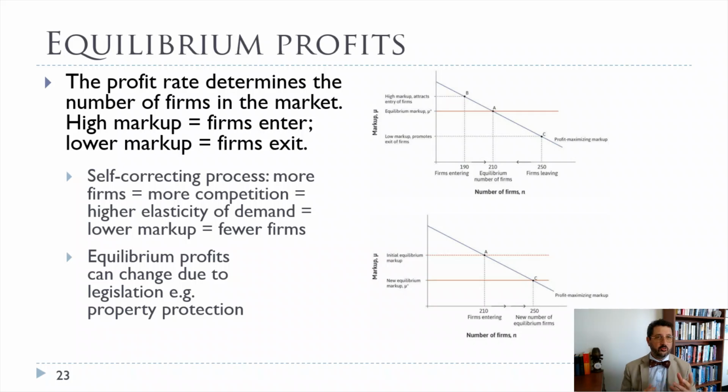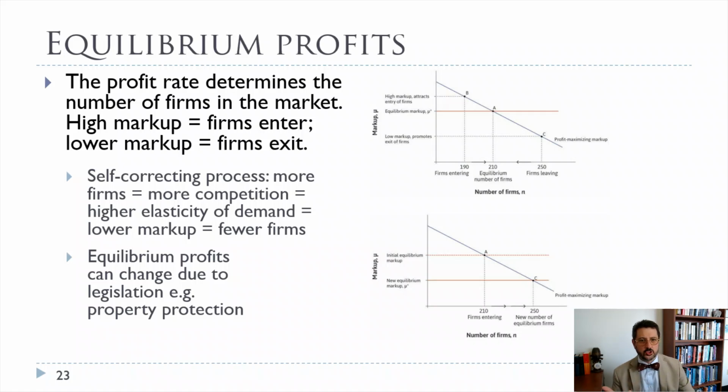And so whenever we think about firm entry and exit, we think about, well, how profitable are firms? If firms are more profitable, then that's going to attract new firms, right? So when there's a higher markup, we will end up with more firms entering. And when there's a lower markup, when profits are smaller, then we would expect more firms to exit.